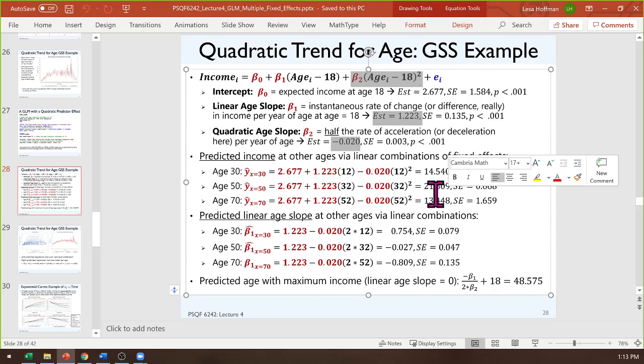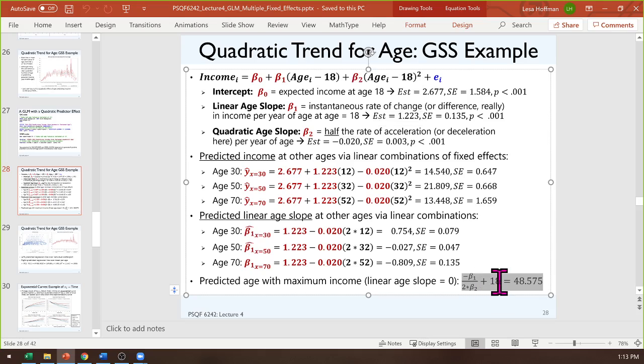So this is a combination that gives us a positive linear slope that becomes less positive. So as you get older, you make more money up to a point. And you can actually figure out at what point the curve changes direction, at what point the instantaneous linear slope is 0. Here's the equation to do that down at the bottom. It works out that 48 is the age at which income is maximum, and after that, it goes down.